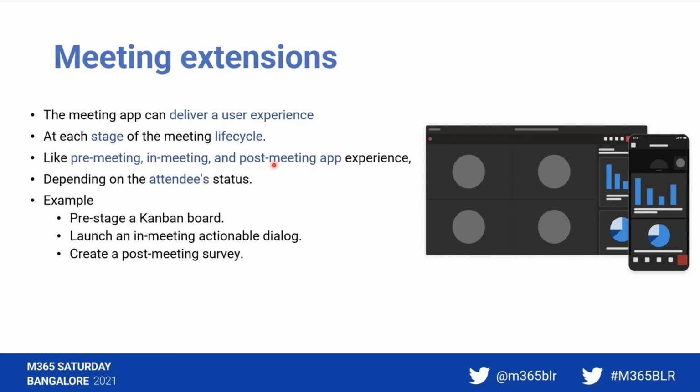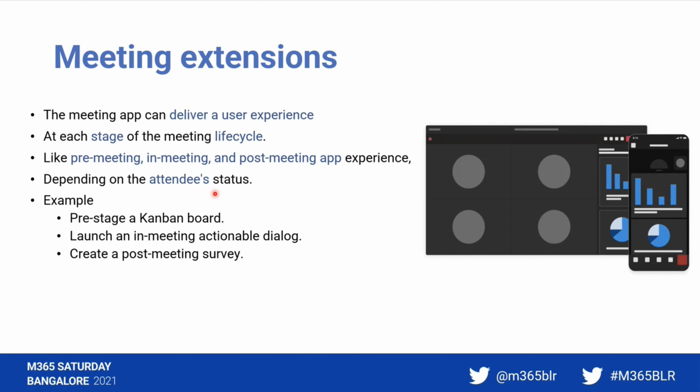So in a way, if you consider this, we can have an app which can be used in all three stages of the meeting life cycle. As an example, if you have used a poll application within your Teams application, you may want to surface the polls while the meeting is in progress. That is one of the meeting extensions which we can do. And we as developers can also create this kind of meeting experience, which would be able to surface data from an external application.